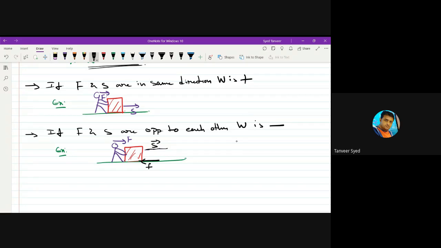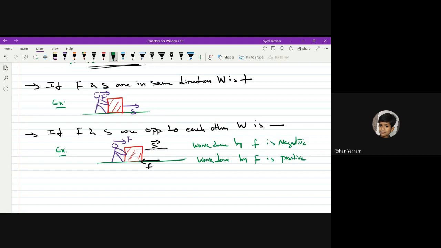Work done by friction in this case is negative because it is opposite to displacement, whereas in the same situation, work done by the applied force is positive.